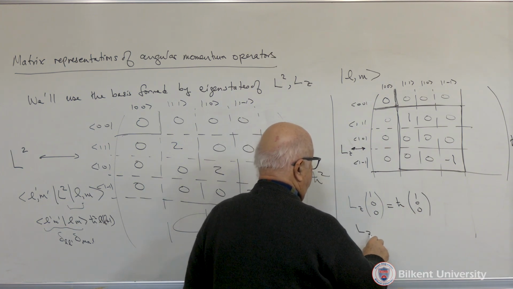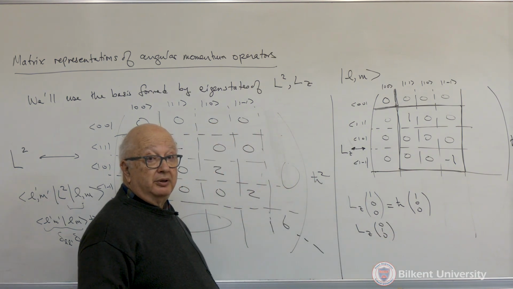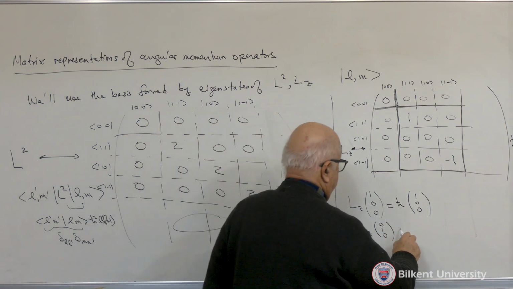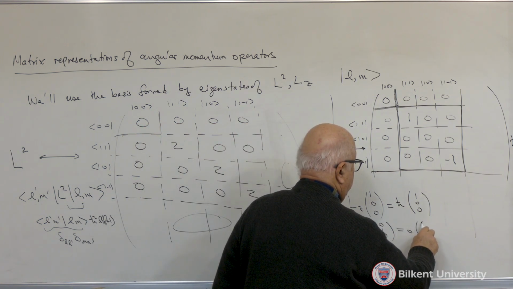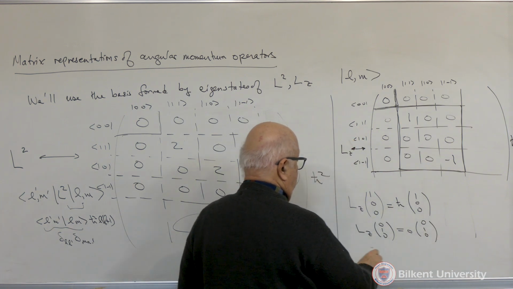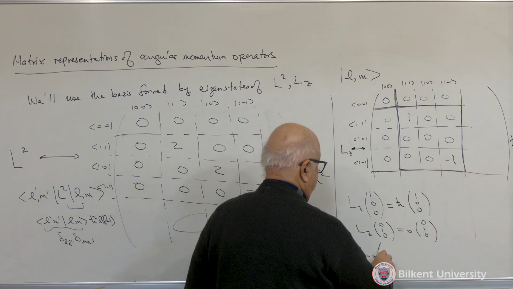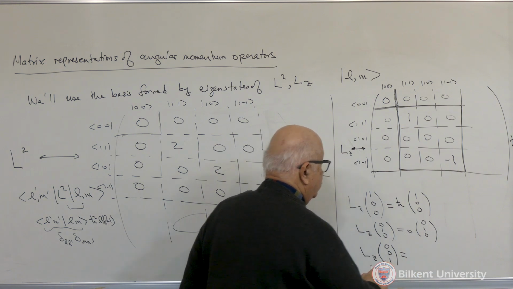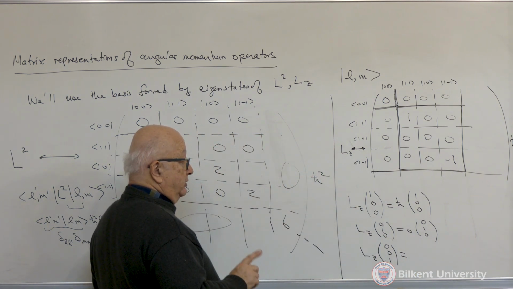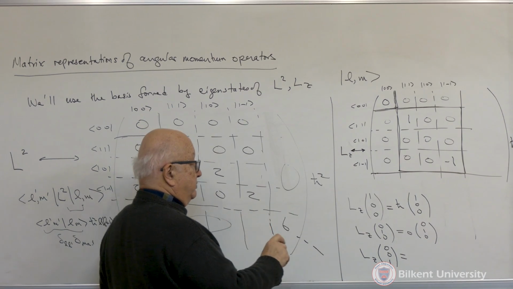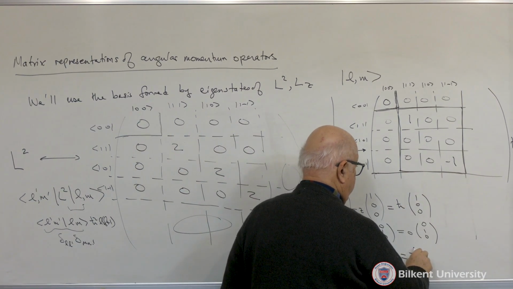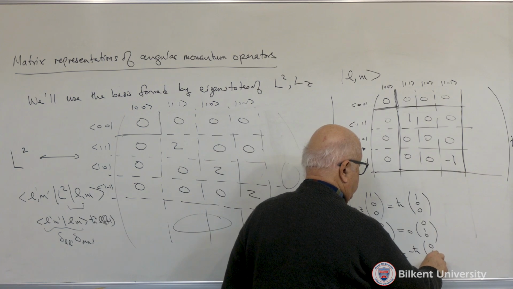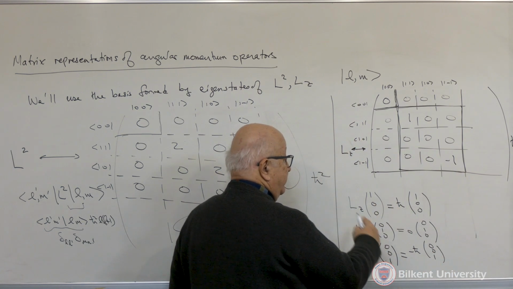What about LZ on 0, 1, 0? It gives 0 times itself, an eigenvector again. And finally, LZ on 0, 0, 1 gives minus h bar times 0, 0, 1, because it's a minus 1.